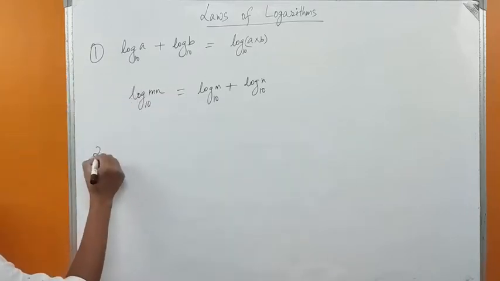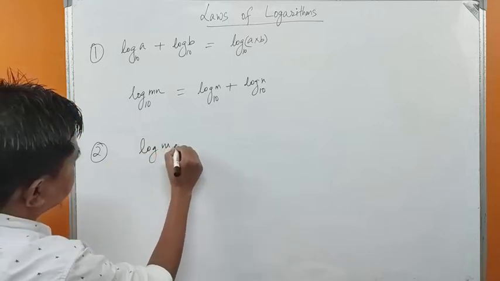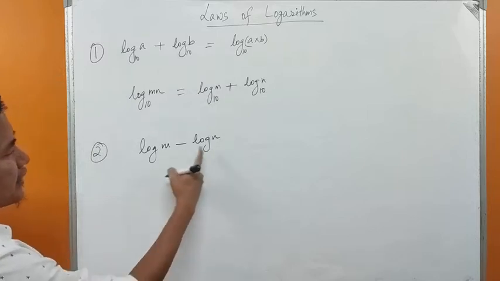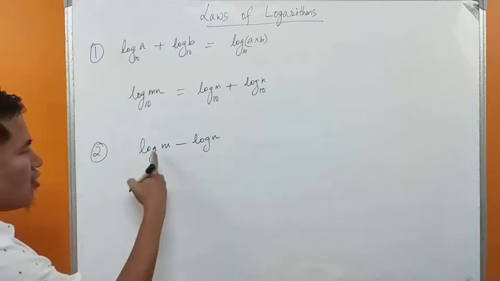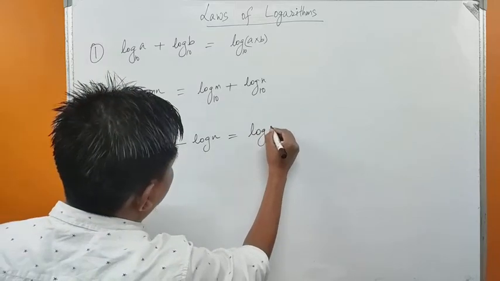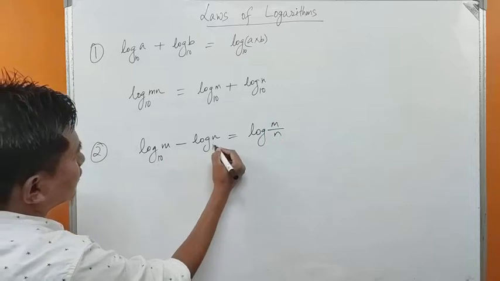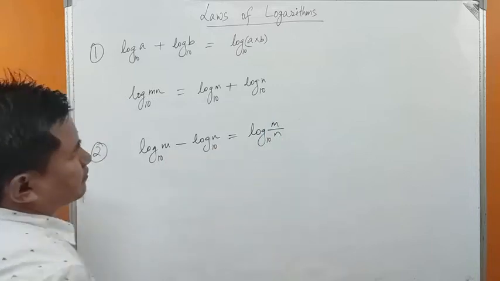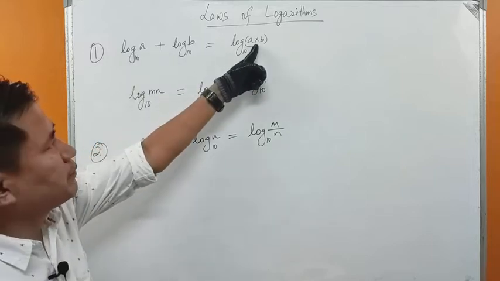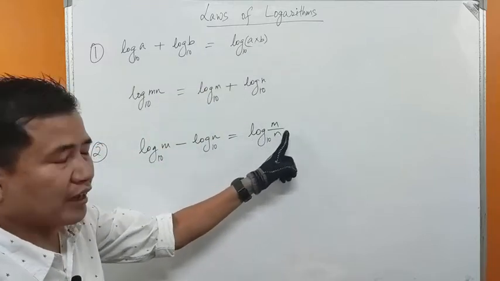And the second law is, if log m minus log n, same base 10, then we can write this as log m upon n to the base 10. If the base is not given, we must understand the base is 10. If there is a plus sign, we multiply a into b. If there is a minus sign, we divide, m upon n.